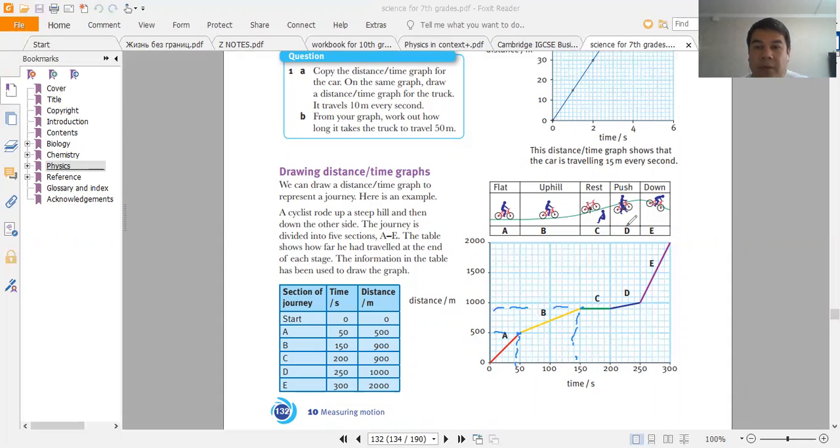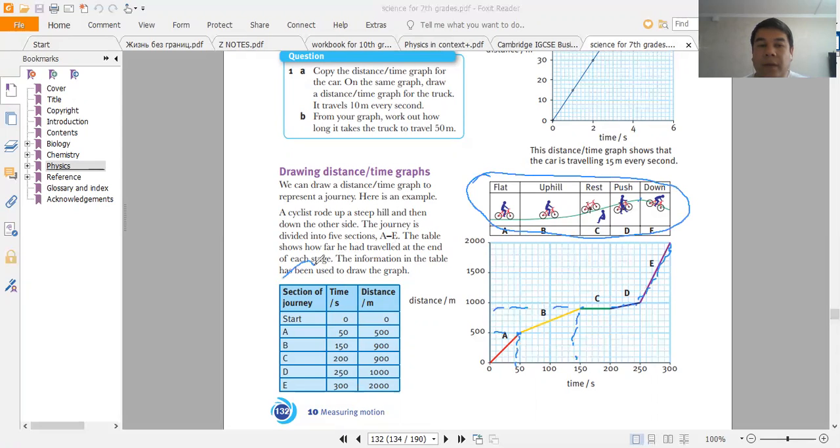Then, if we continue with D, please look. In D, the time is 250, the distance is 1000, and he's trying to move harder and harder because he's going up, pushing. But finally, he's going down. When he goes down, his speed, you see, is increasing really very fast. So this is a picture, dear students.